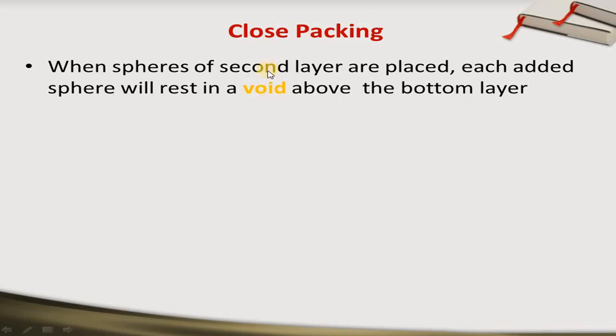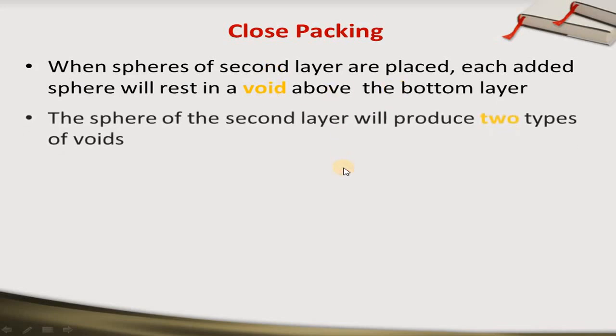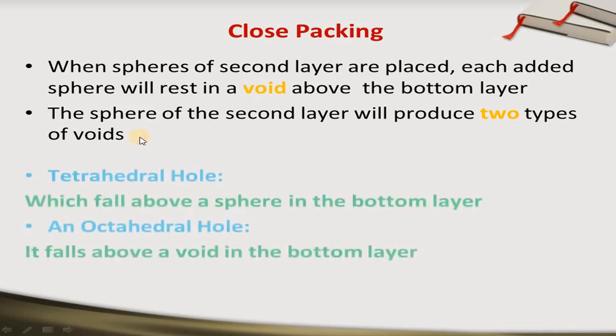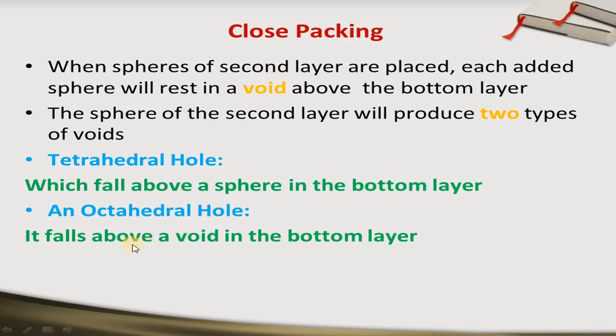So the second layer will be placed above the first layer in the voids created by the first layer. Spheres of the second layer will produce 2 types of voids. After placing layer B on layer A, it will again result in the formation of 2 types of spaces or holes: tetrahedral holes and octahedral holes.